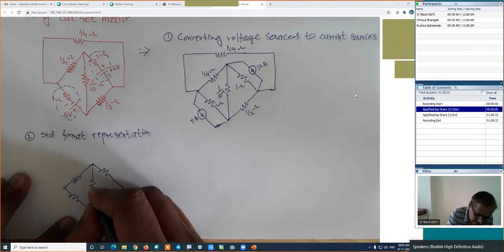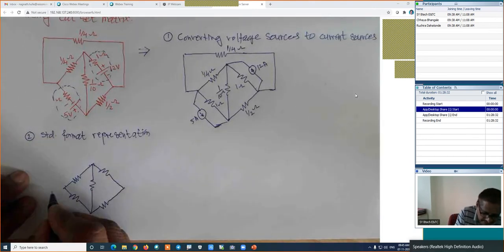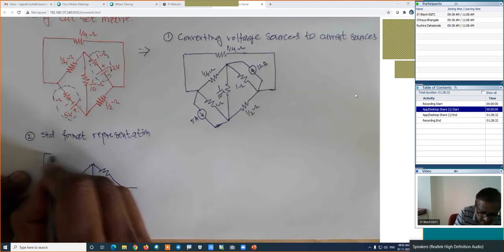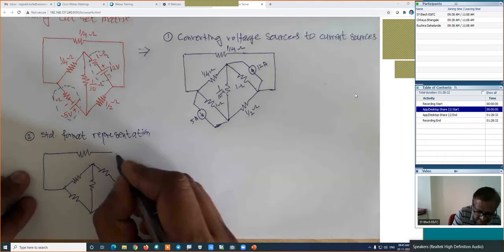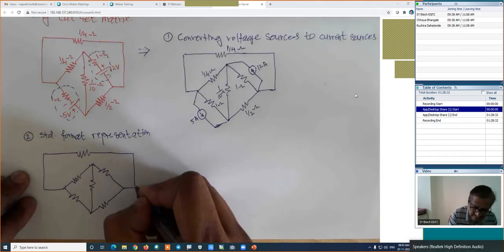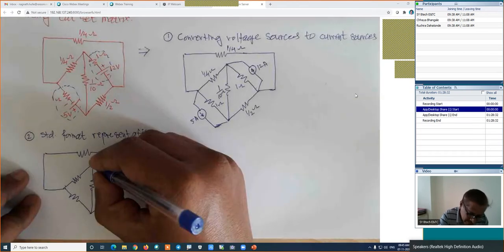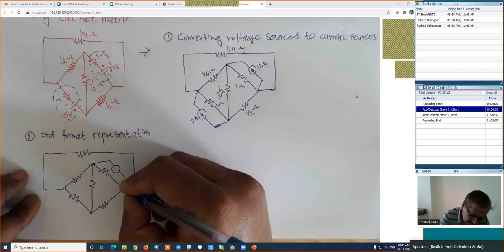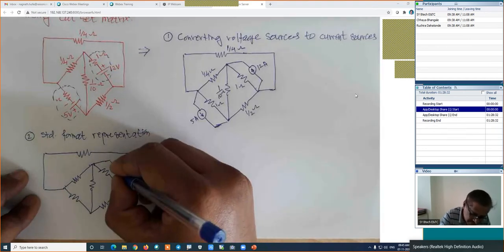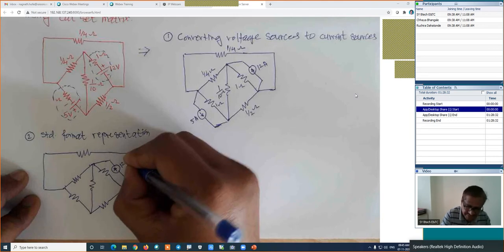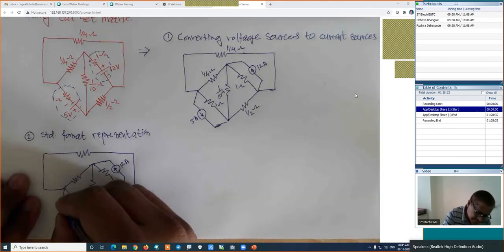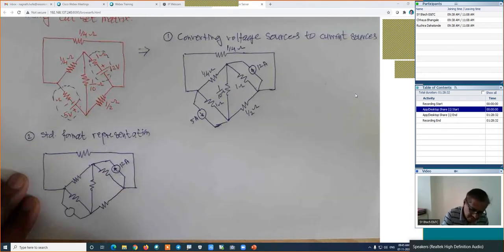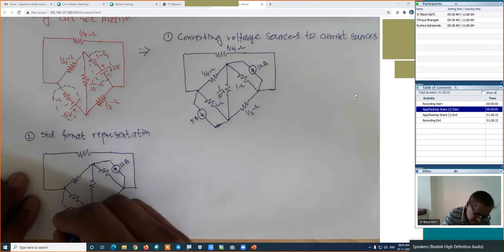Here again, this resistance is also the same, and this outer part, which is this branch, is again as it is. At the same time, here is the current source. The current source will be the same, which is 12 amperes, in the upward direction. Here is another current source, in the downward direction, which is also the same, and it is 5 amperes.